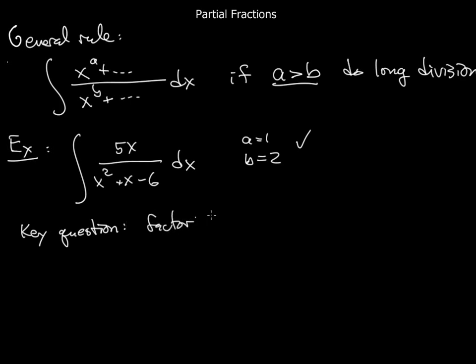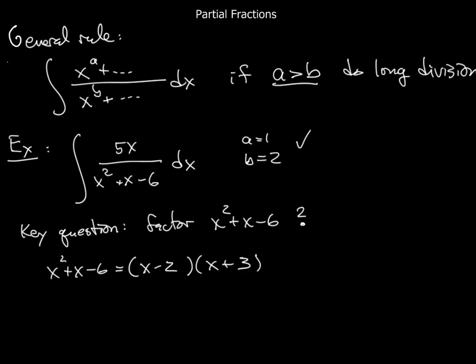Now the key question when you have something like this is whether the denominator factors. Like in the very first example, x squared plus 1 doesn't, but x squared minus 1 does, which gives very different answers. So let's check, does x squared plus x minus 6 factor? Well, yeah, it does. It's x minus 2 times x plus 3.